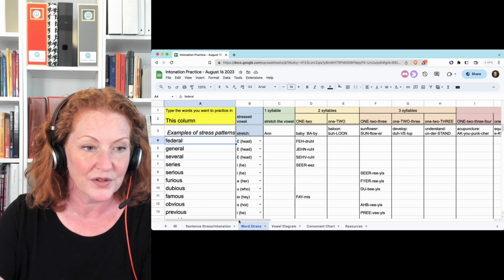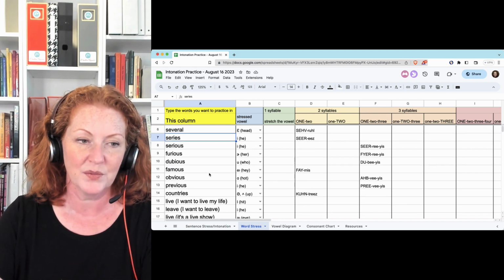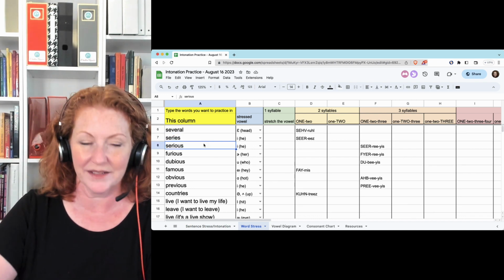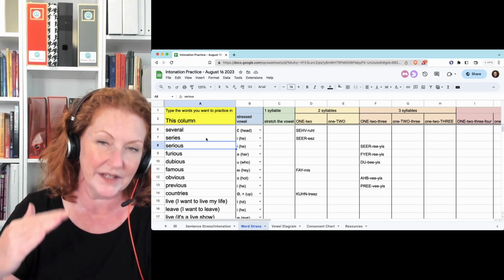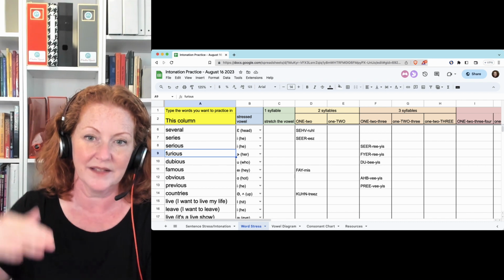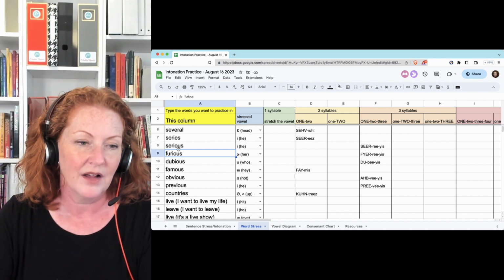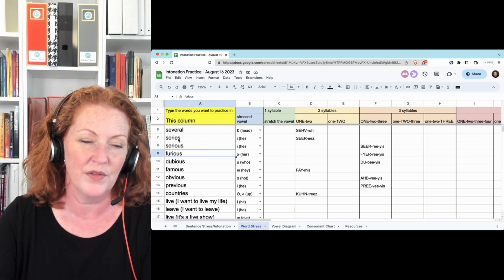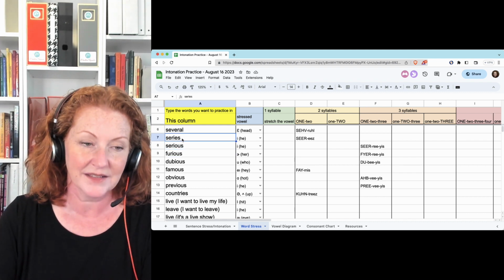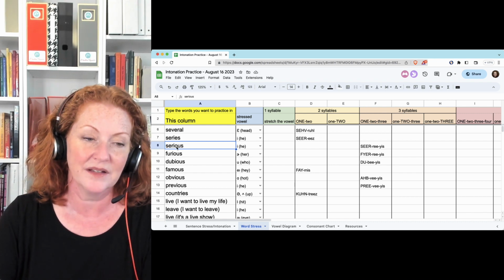And we had a few more words, so I stopped with several. And the difference between the word series and serious. So series is two syllables, and serious is three, like sunflower, one, two, three, serious. This S at the end sounds like a Z, and this S at the end sounds like an S because of the suffix.